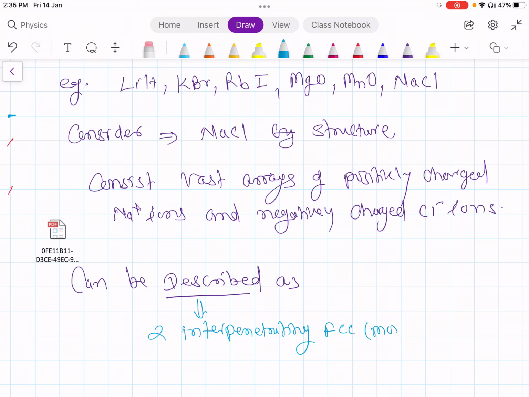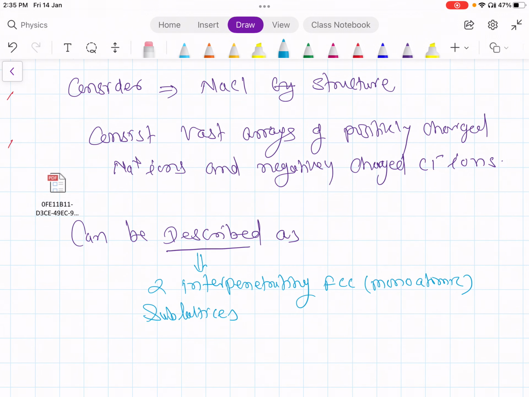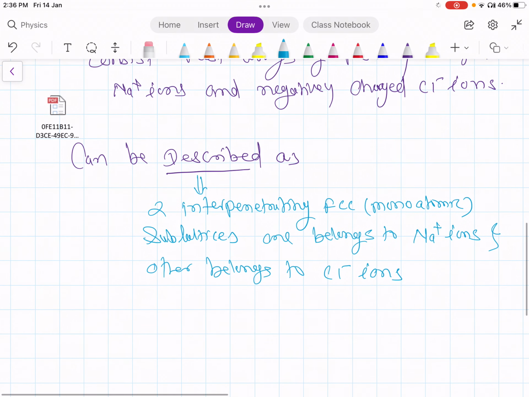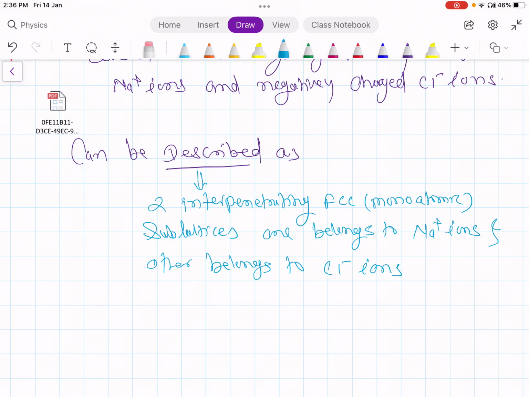Two FCC monoatomic sublattices are interpenetrating and forming one FCC diatomic lattice, in which one sublattice belongs to sodium ions and the other belongs to chlorine ions.